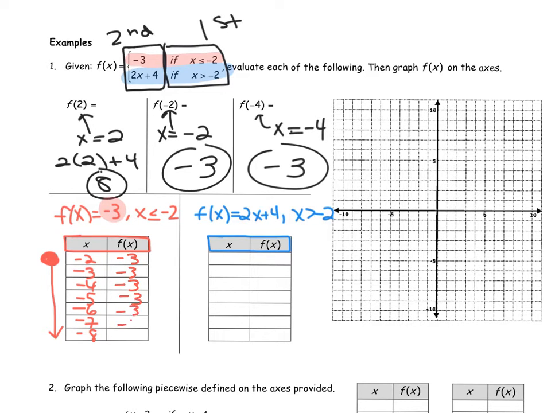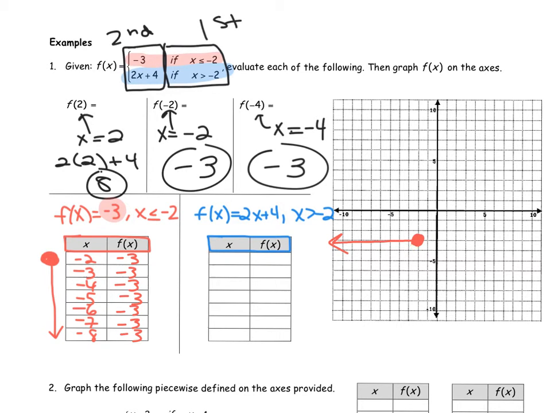So let's actually plot this. Negative 2, negative 3 has a closed circle, and all of my y values are at negative 3. All of them to the left are at negative 3. So there you have part of the graph.